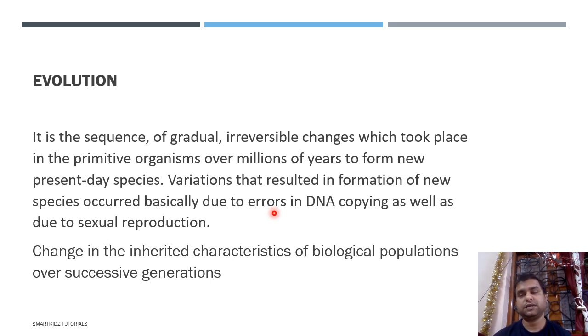It takes place over millions of years. To form present day species it has taken millions of years. Maybe a million years from now we may be something different, but we won't be there to see that happen. The change that happens is gradual but extremely slow.